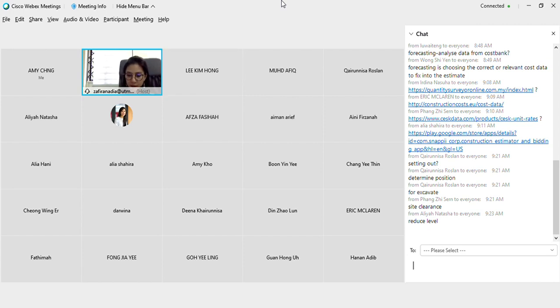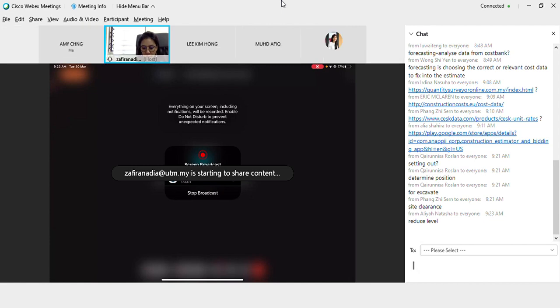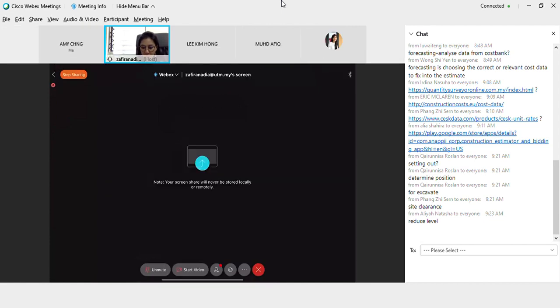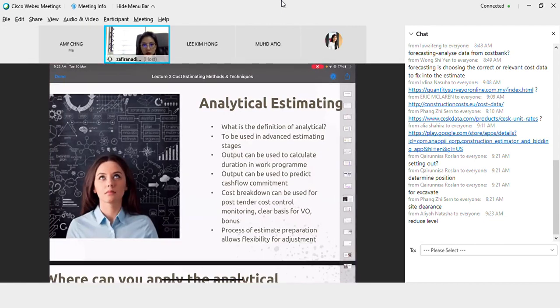Pandai. Okay, so in order for you later nak buat analytical estimating, you have to imagine kalau nak buat benda tu apa yang kena ada. Contohnya macam kalau nak buat foundation pit, kena buat SI, kena buat site clearance, reduce level, lepas tu kan ada take off how many meter deep berapa, another meter deep berapa, kan ada allocation tu kan.